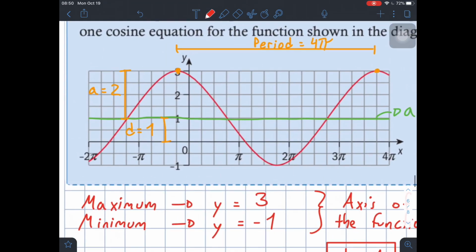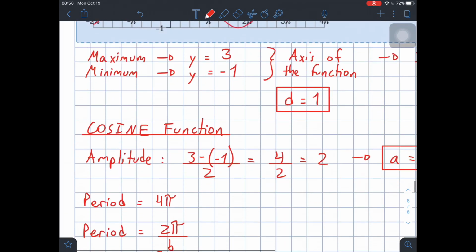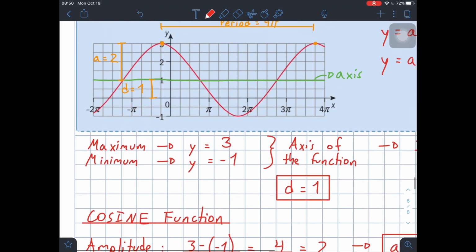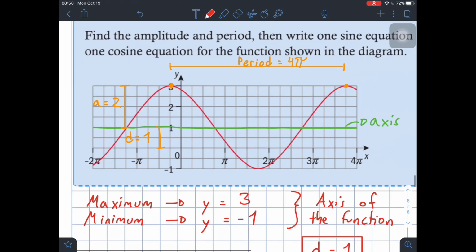If we zoom in into this equation, and remember we're working now with a cosine function, you should remember that the standard cosine function always begins at its maximum point. So when x is equal to 0, the function is at its maximum, right? But we see that the maximum is actually at this point over here, which is 1 square to the left of this graph.